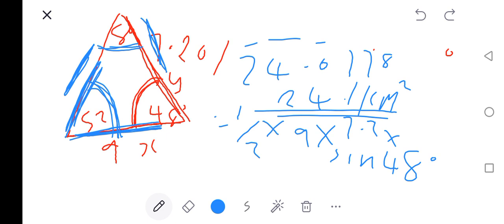Then you apply the letters using the sides that you are given, the small sides. You have X and you also found Y. So those are the letters you use.